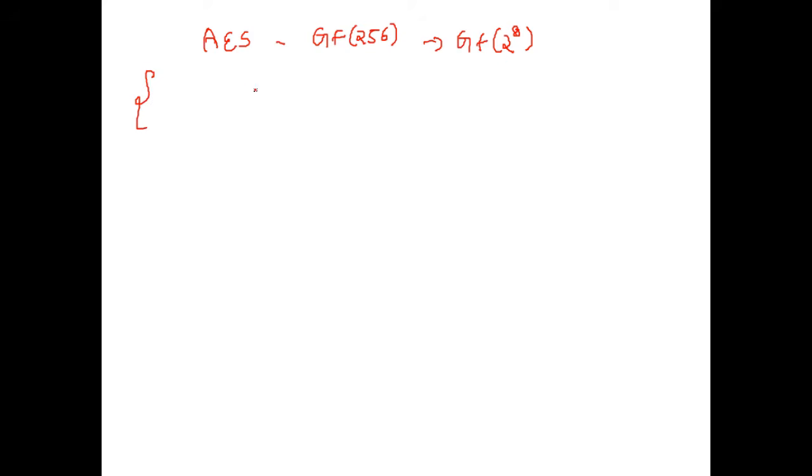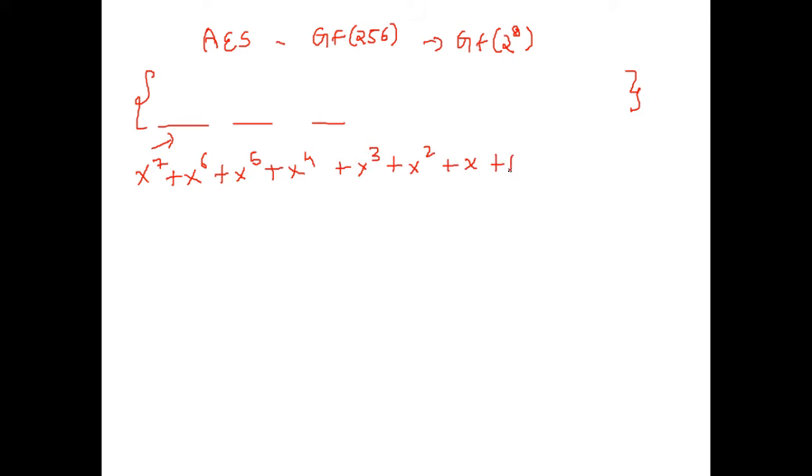So this set GF2 power 8 contains 256 different elements, and every element in this set is a polynomial containing 8 terms, represented like this: x power 7 plus x power 6 plus x power 5 plus x power 4 plus x power 3 plus x square plus x plus 1.